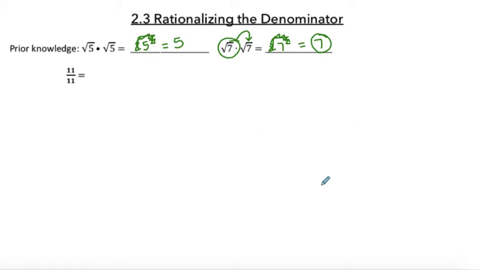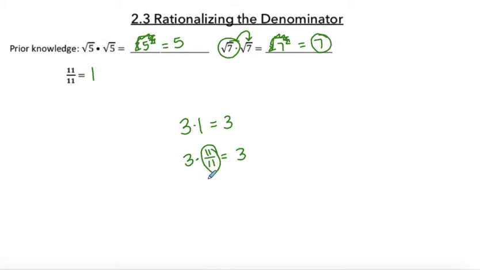The other piece of information that we need to recall is that anything divided by itself is 1. So if I took 3 times 1, it doesn't change anything. If I took 3 times 11 over 11, it still doesn't change anything because this is really the equivalent of 1.